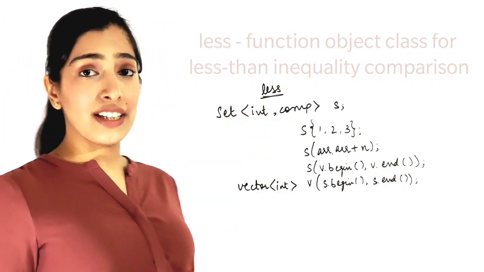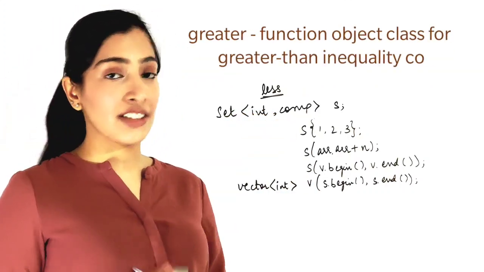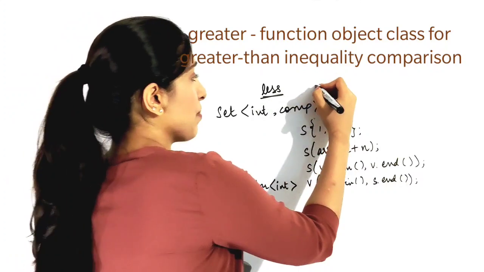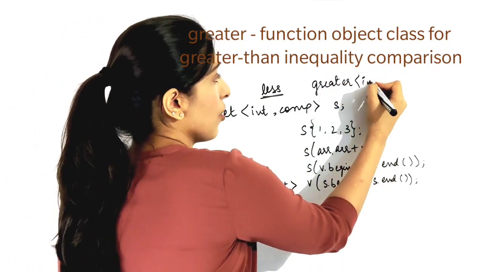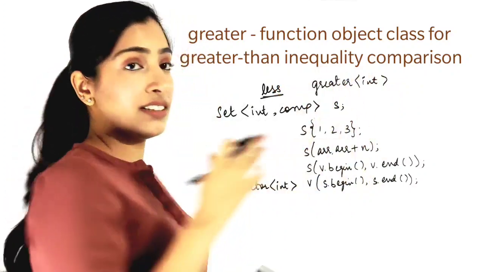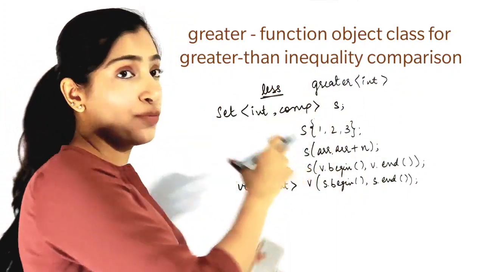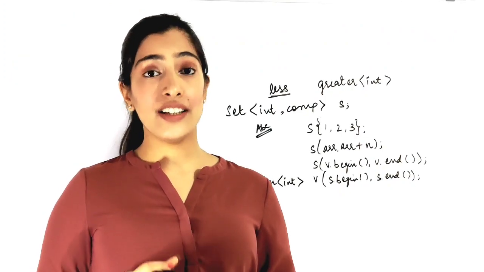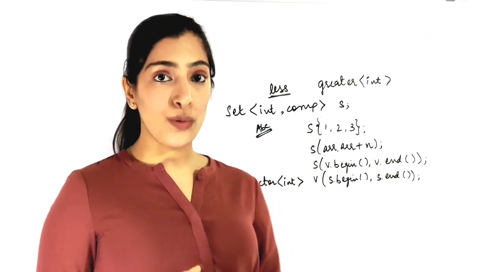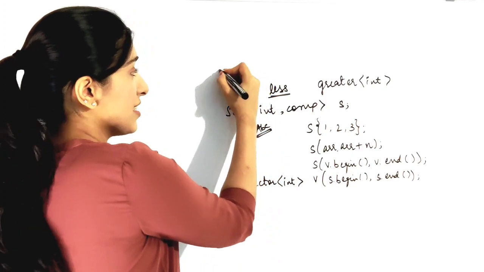Say I want to sort the integers in descending order instead of ascending order. Then I can pass the comparative function greater int. It basically returns true if the first argument is greater than the second argument. Now, for user-defined classes, you have to override the operator less than.